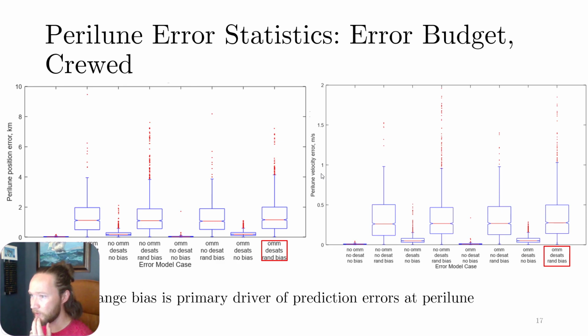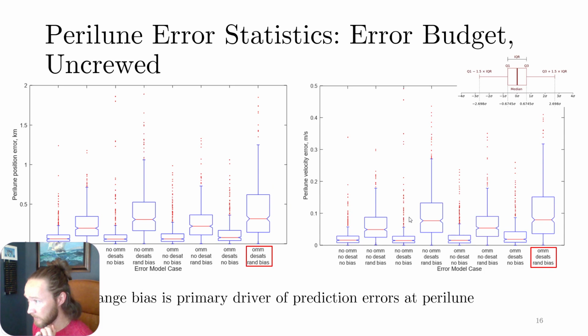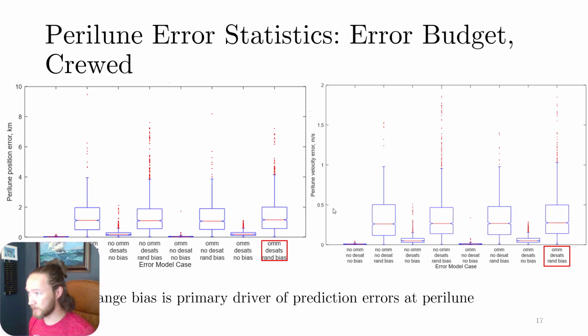So when we go crewed, the story remains the same, and in fact gets even more stark: any of these error model cases that have a random bias are the highest errors that we see. And in addition, going from uncrewed to crewed, just in general, we get higher errors from the additional errors from the predictions of the desaturations, or rather the perturbations of the desaturations.